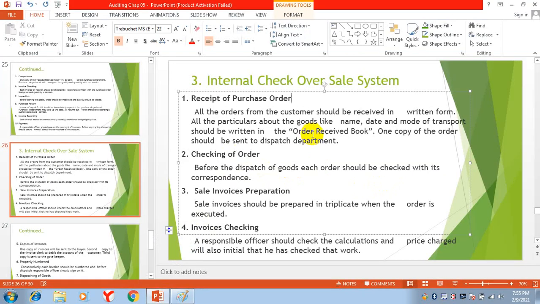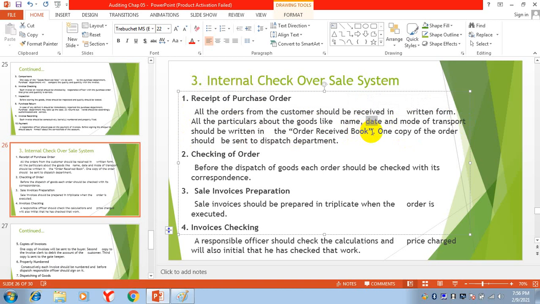Now here, all the orders from the customer should be received in written form, not oral orders. All the particulars about the goods, like name of the product, date, and mode of transportation, should be written in the order received book.